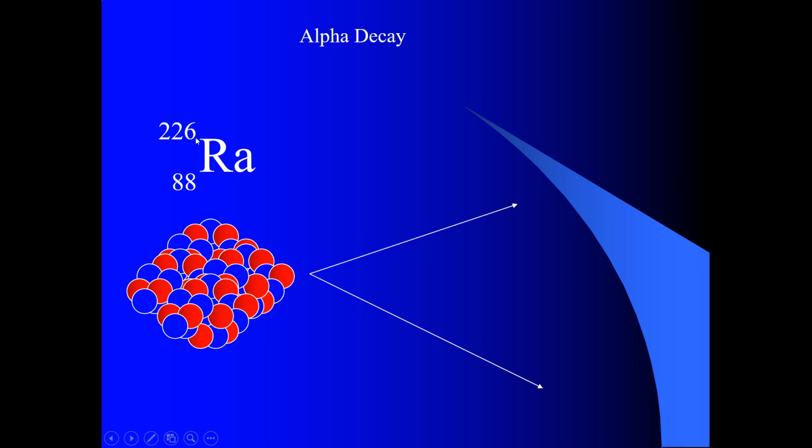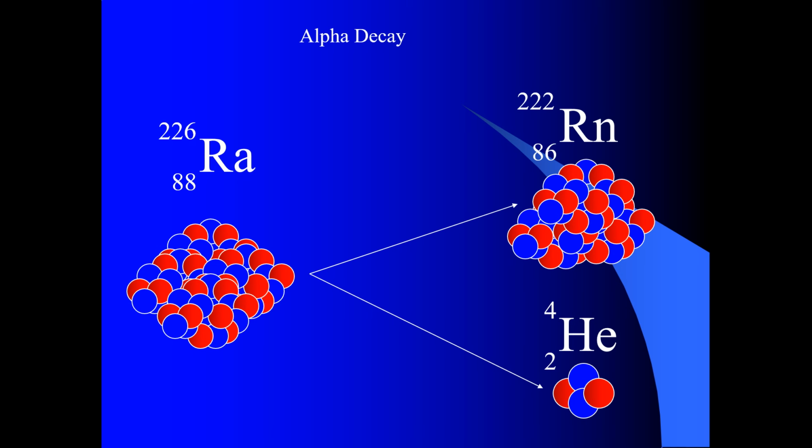When alpha decay occurs from radium, the radium atom is converted into radon with atomic number 86 and atomic mass 222. That is, when radium undergoes alpha decay, it is converted into radon.